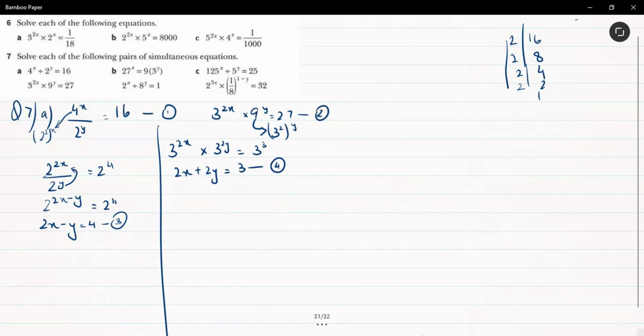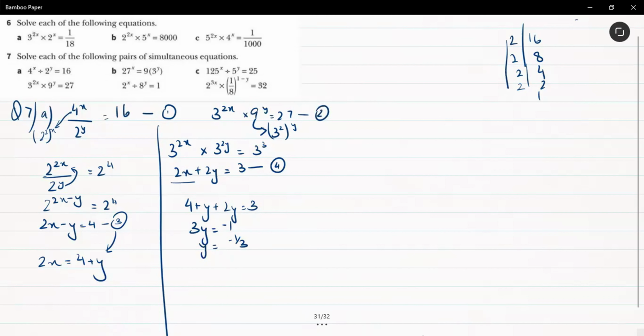Now simplify: from equation 3, 2x is equal to 4 plus y. So instead of 2x, now I'm going to write 4 plus y plus 2y is equal to 3. And I would get 3y is equal to 3 minus 4, which is negative 1. y is equal to negative 1 over 3.